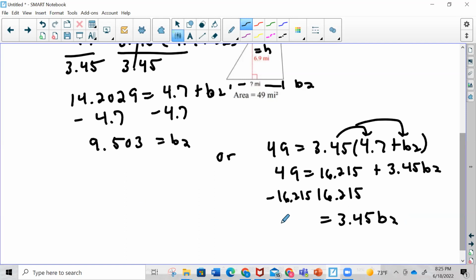That gives me 32.785. Then I'm going to divide both sides by that 3.45 now.